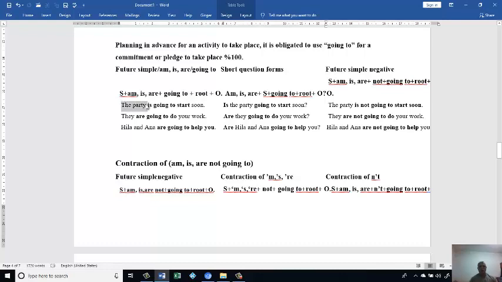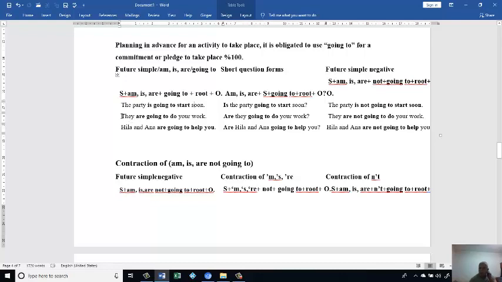The party is going to start soon. This tells me it is in the future. If we make a short answer question, we say, is the party going to start soon? Then a question mark. Sometimes we make a negative: the party is not going to start soon.